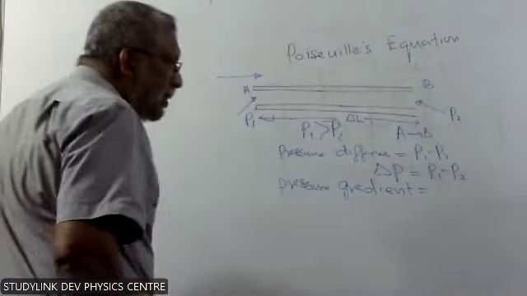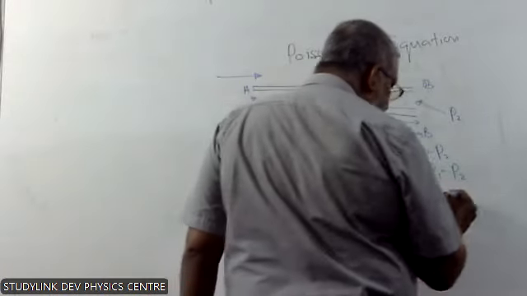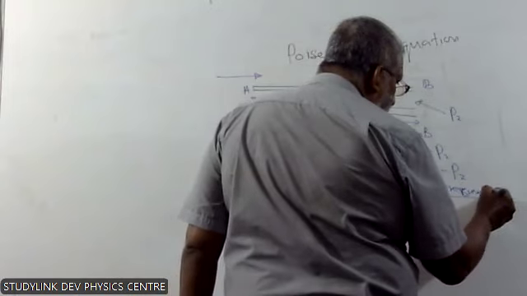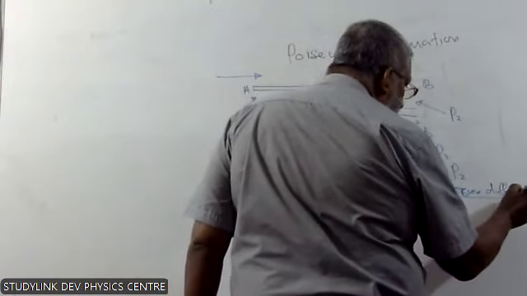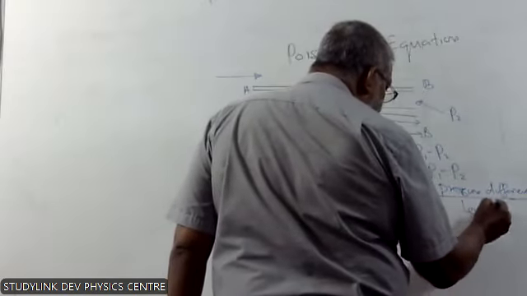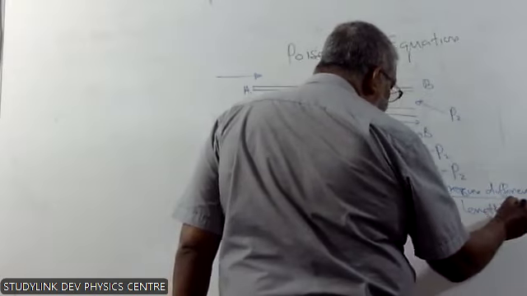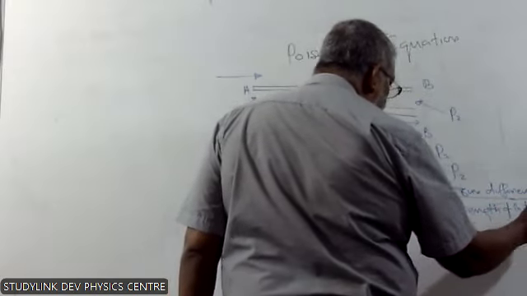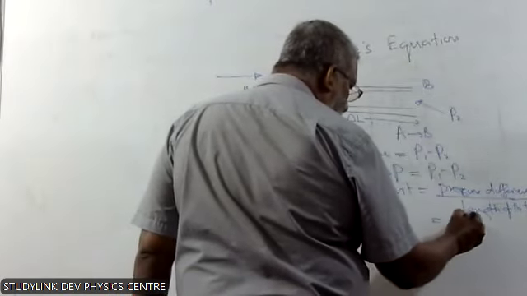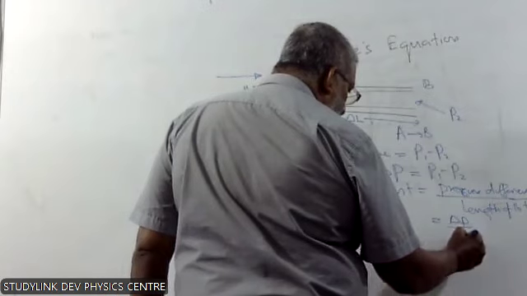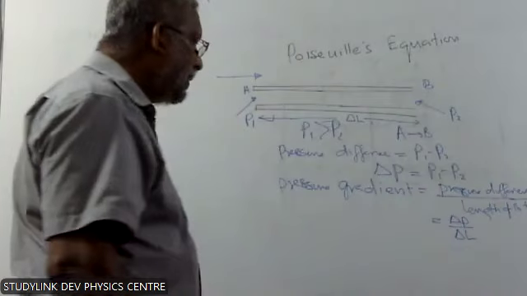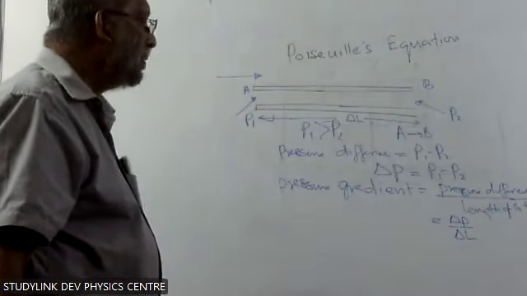Pressure gradient is defined as pressure difference divided by length of the tube. The pressure difference is delta P, so pressure gradient is delta P over delta L.